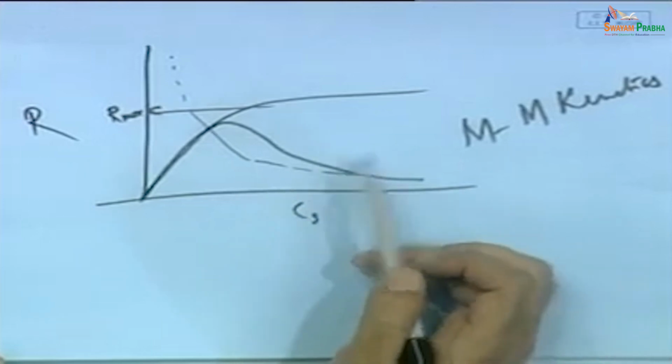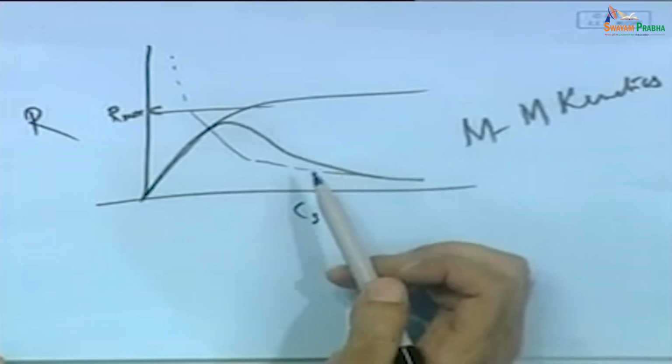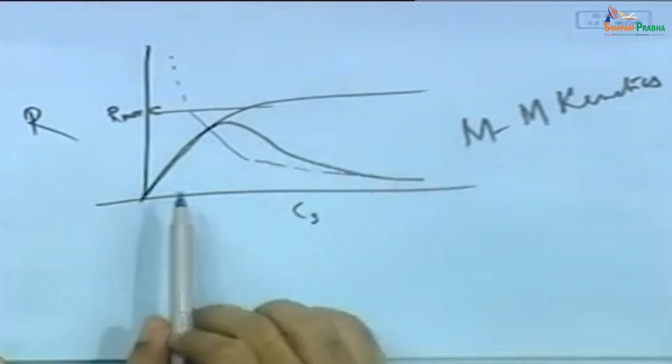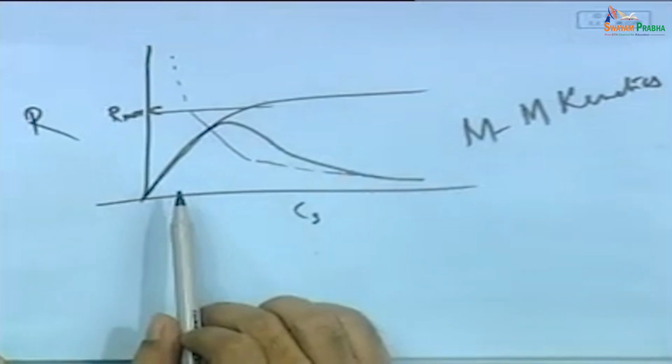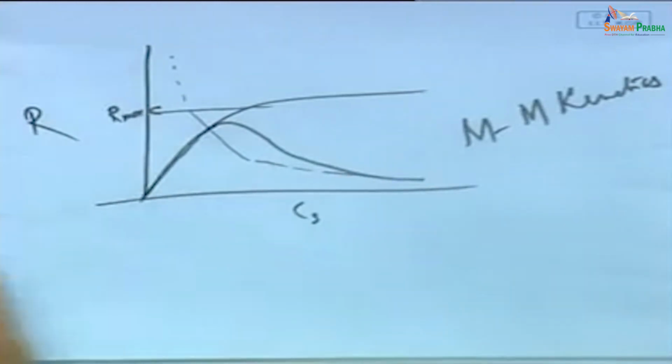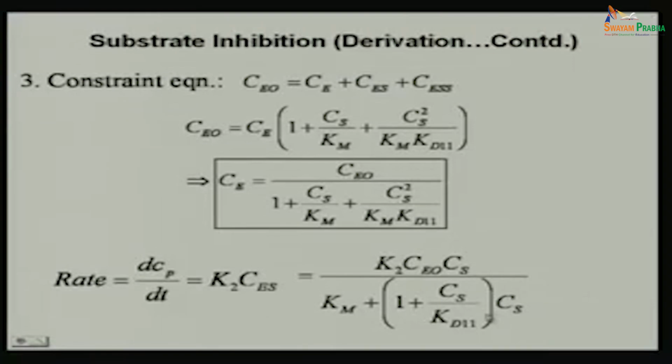Srikanth, what do you think? You have the rate expression in front of you on the screen here, and all you need to do is tell me how this goes as a function of Cs.